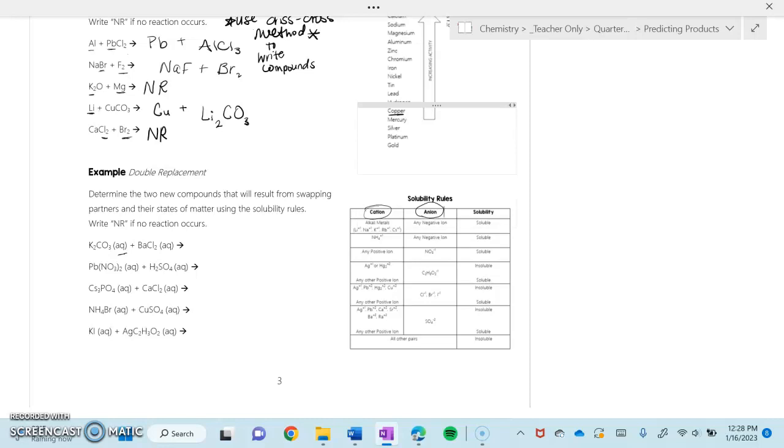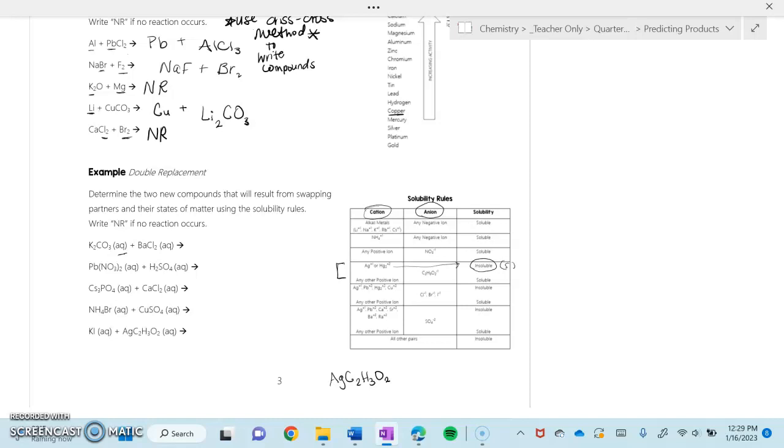When it's split, for example, let's look at this one here. It has silver or mercury with the anion acetate. So let's say I had silver acetate. If that's the case, then I am reading this top line because my cation was up here. Then it would be insoluble.